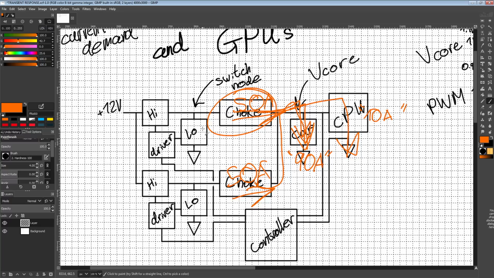Now you might be sitting there like, why do we use inductors if they cause all these issues? We use inductors because this is the most efficient way to do DC to DC voltage conversion. There are ways to convert voltage with better transient response. The unfortunate downside to a lot of the other voltage regulation methods with better transient response is awful efficiency.